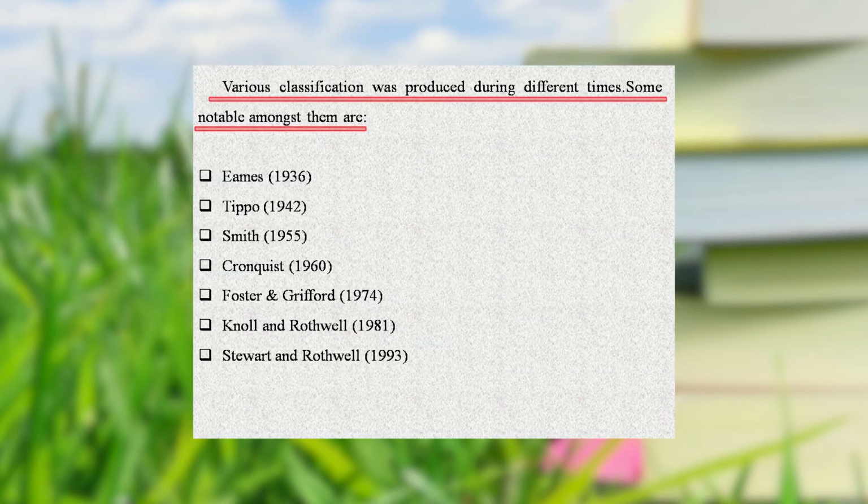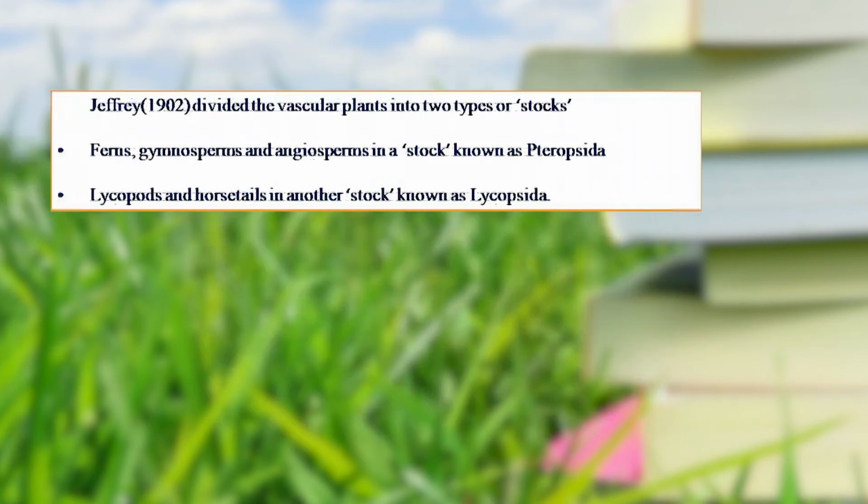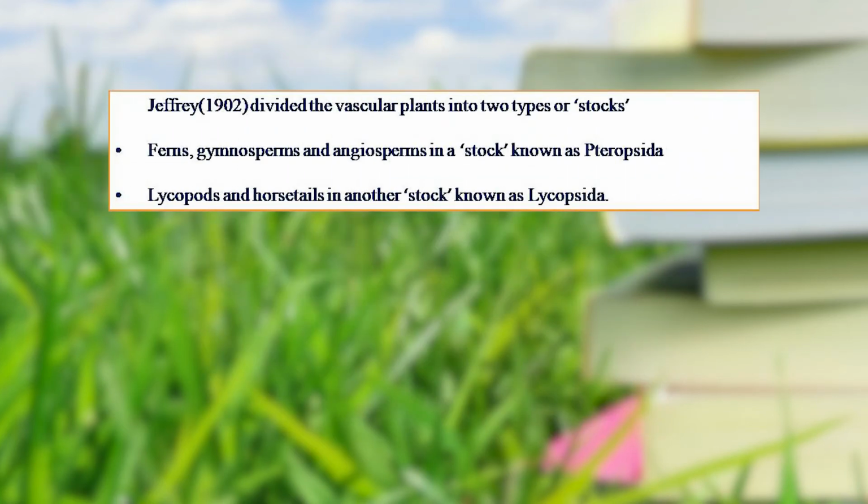Various classifications were proposed during different times, but some notable amongst them are Ames 1936, Tipo 1942, Smith 1955, Cronquist 1960, Frost and Gifford 1974, Knoll and Rothwell 1981, Stewart and Rothwell 1993. Jeffrey in 1902 divided the vascular plants into two stocks.